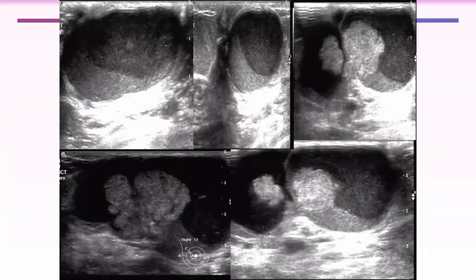I mean, there is a basal soft tissue component of the cystic area in the left lower. When you have a cystic area and you have a soft tissue component, you call it a complex cyst. So you have a large complex mass.